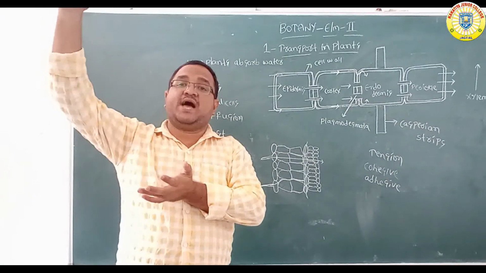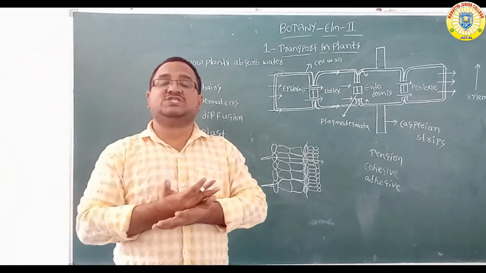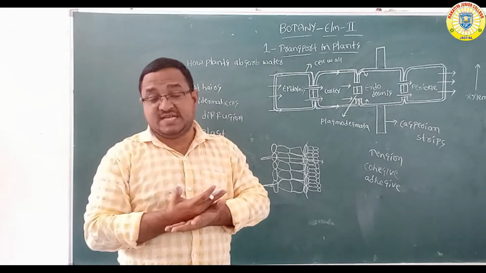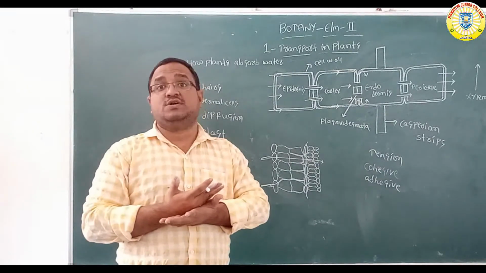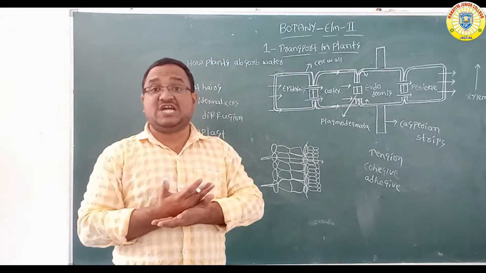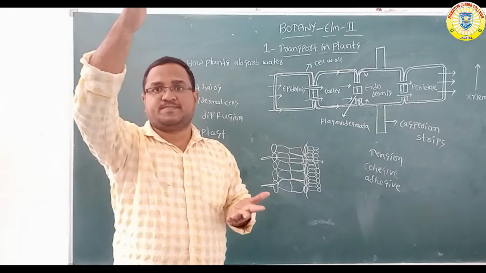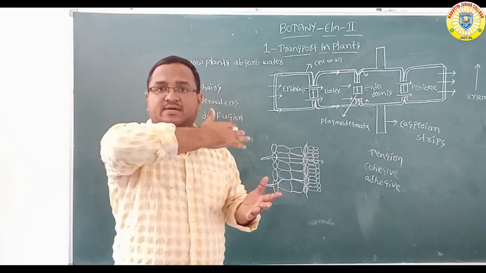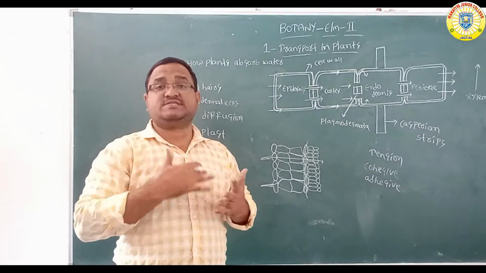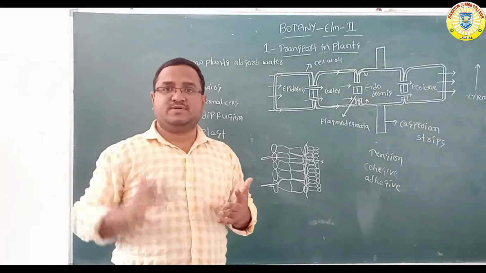So the symplastic system is the system of interconnection of protoplasts. The protoplast of one cell is connected with another cell through cytoplasmic strands that extend through plasmodesmata. In this symplastic system, water moves through the cytoplasm.